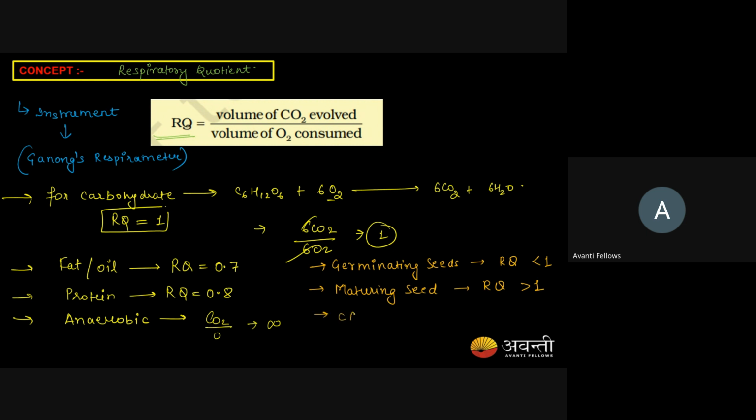And if we calculate it for CAM plants, RQ is equal to 0 at night, and at daytime, RQ is again more than 1.